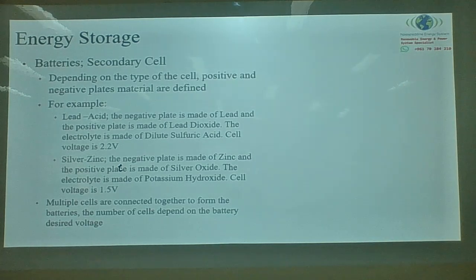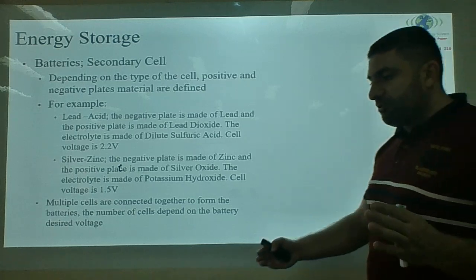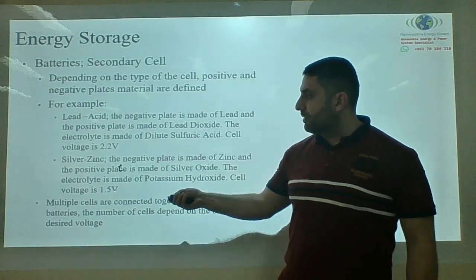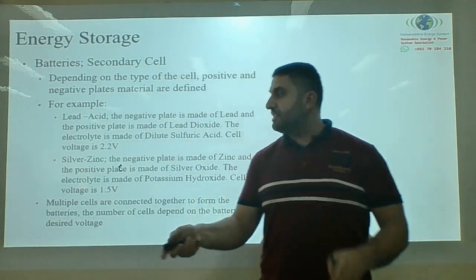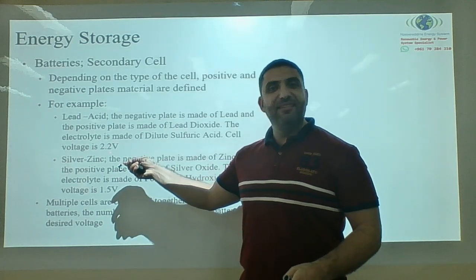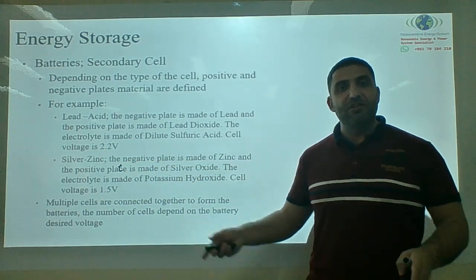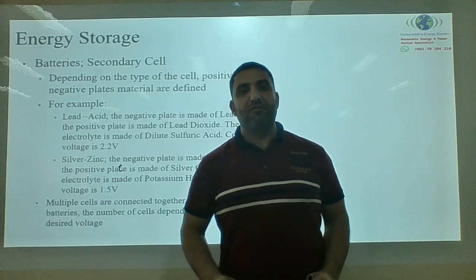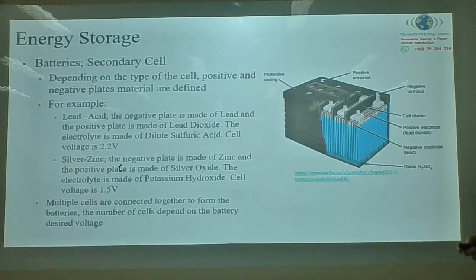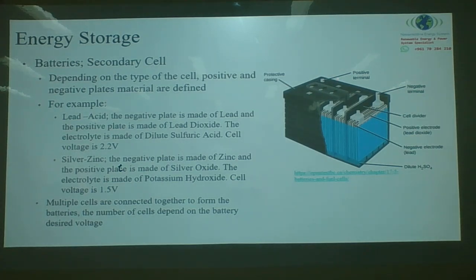Now, how do you make a battery? Depending on your batteries, as you can see, this is 2.2, this is 1.5. A 12-volt battery is made of multiple cells of this, or multiple cells of this, to make a 6-volt, a 12-volt, or 24-volt battery. This is a battery, for example. This is your negative terminal. This is your positive terminal. You can see between them, for every cell, you have a divider.